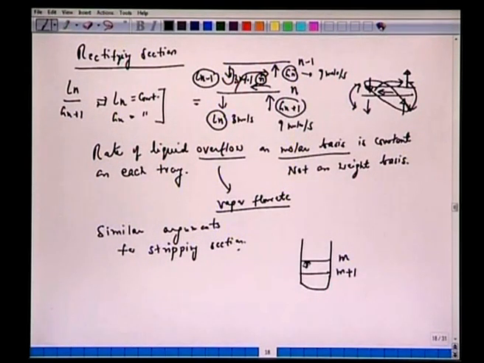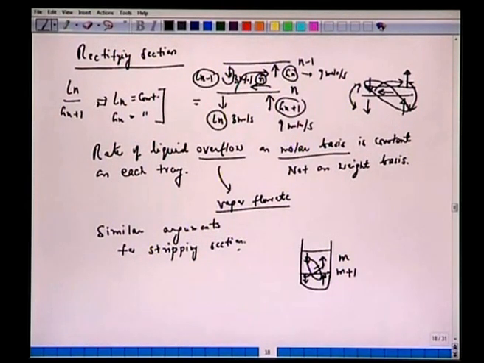If we take the liquid which arrives at this plate and the vapor which arrives at this plate, when they come in contact we have equal vaporizations. Whatever number of moles of vapor condenses, it gives rise to the same number of moles of liquid. So that's the physical meaning of this.